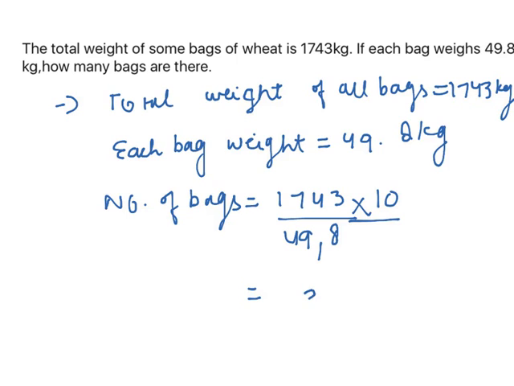Here I am not showing my work for the division. Here I am directly writing the answer. So when we divide these two numbers, we get 3.5 and then we have to multiply it with 10 because we have 10 over here. So we will shift the point towards the right because we are multiplying. So our answer is 35. So it means there are a total of 35 bags.